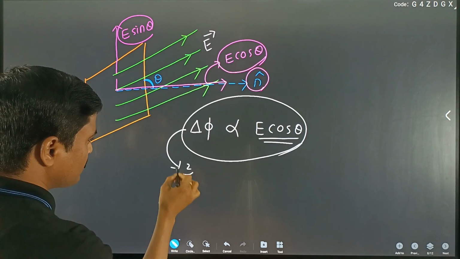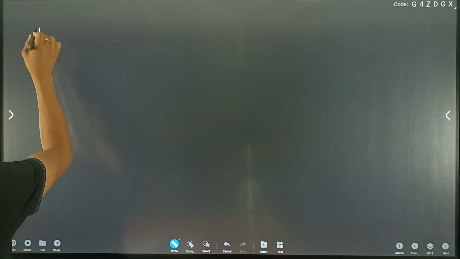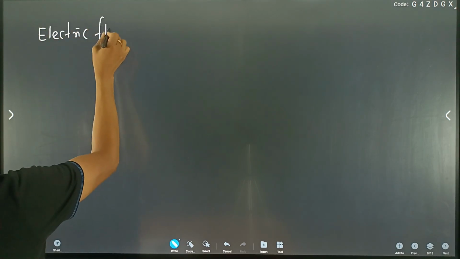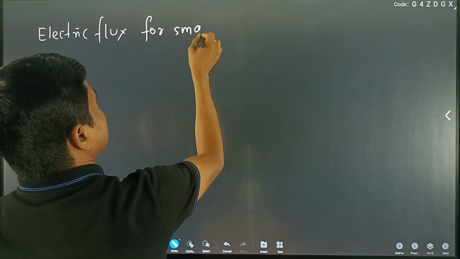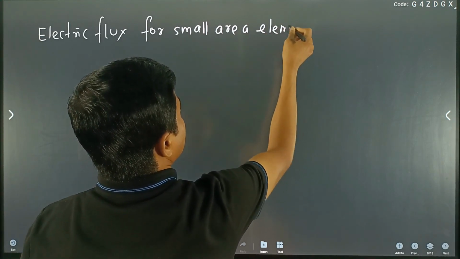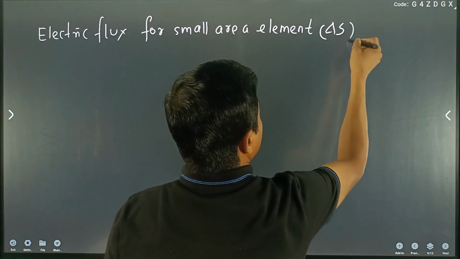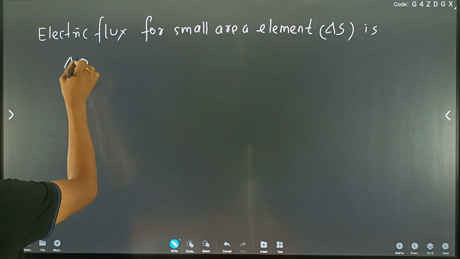Suppose this is equation number 2, and from these two equations we write the electric flux for a small area element del S, that is del phi.